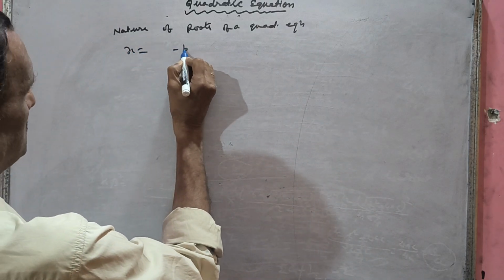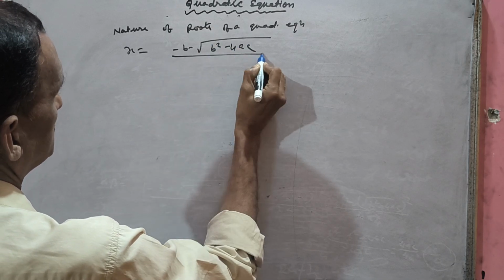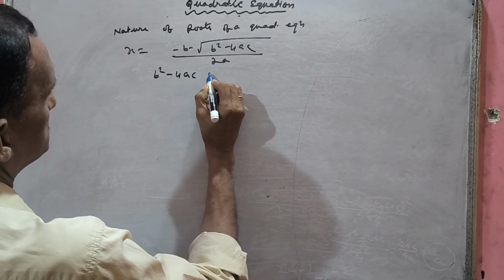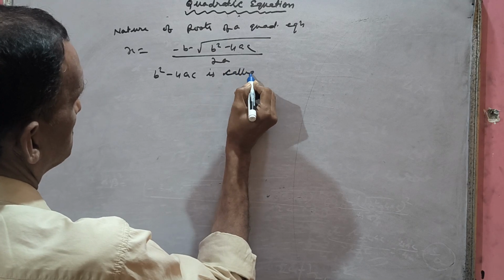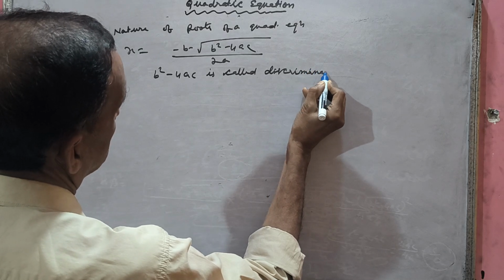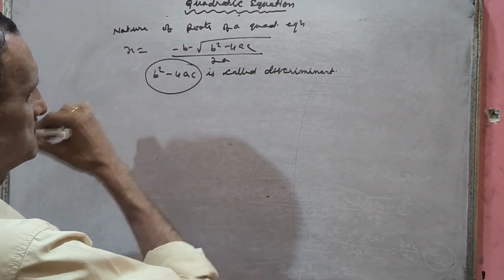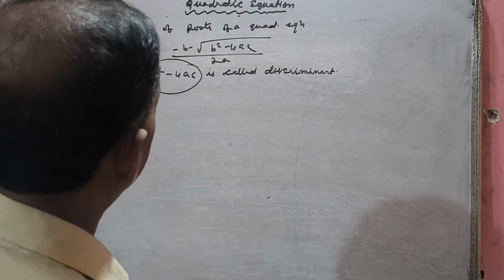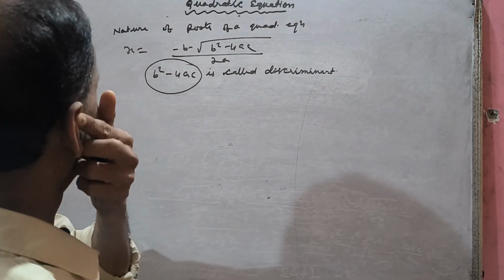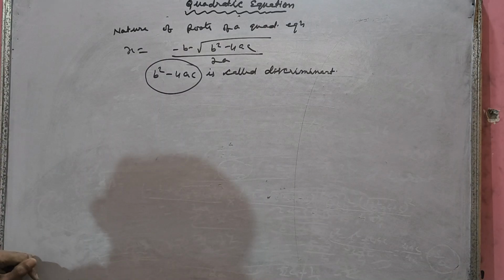See, in the formula of the quadratic equation, minus b plus minus under root b square minus 4ac by twice a, this portion b square minus 4ac is called the discriminant. And the nature of roots of any quadratic equation depends on this discriminant. It decides the nature of roots. It determines the nature, so it is called the discriminant.